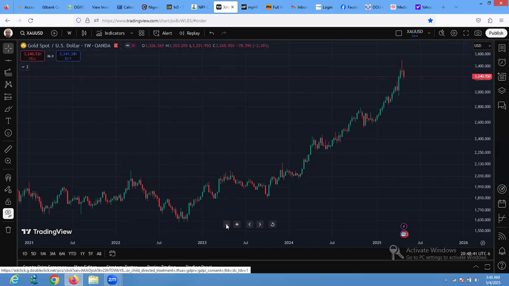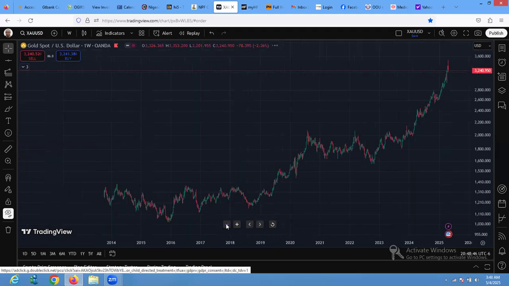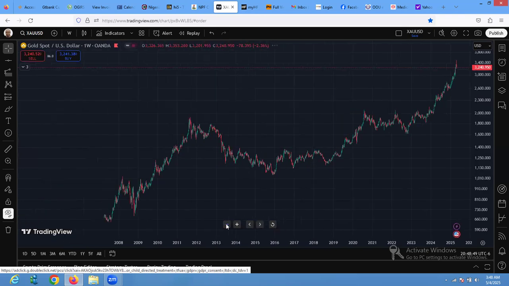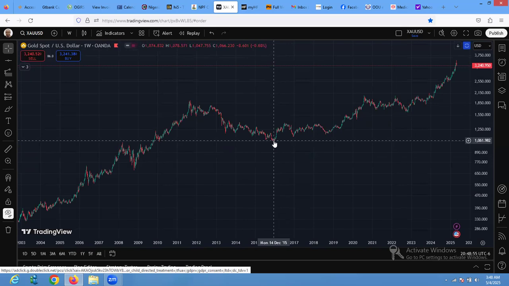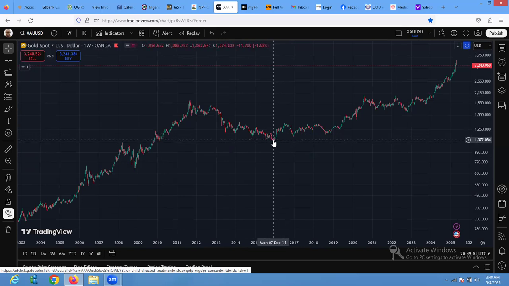Now, on gold, after this move, this correction here, that looks like the fourth wave to the downside, and A, B, and an ending structure here.